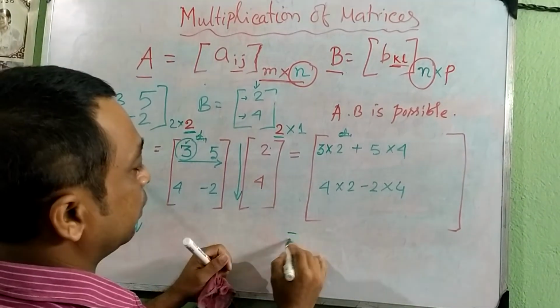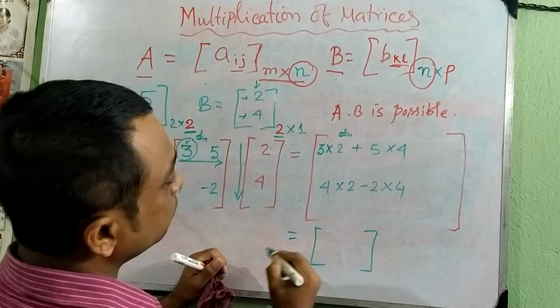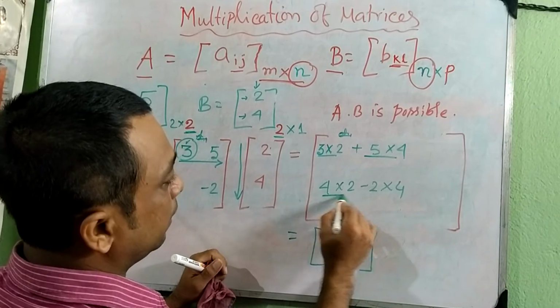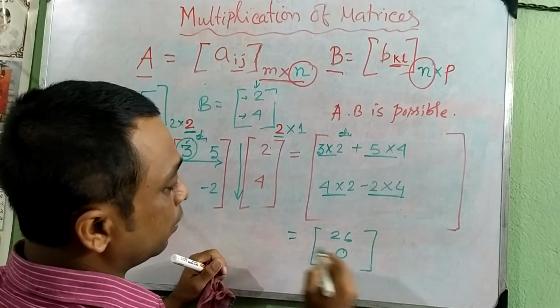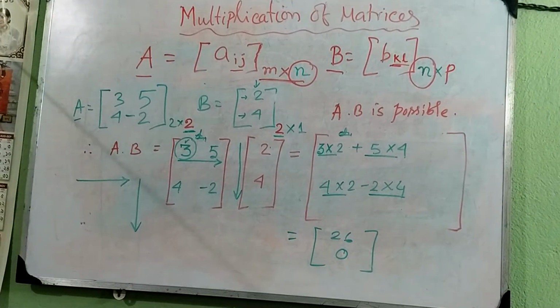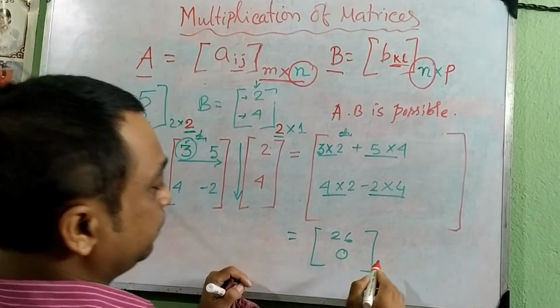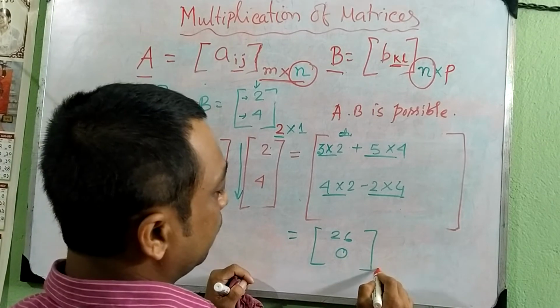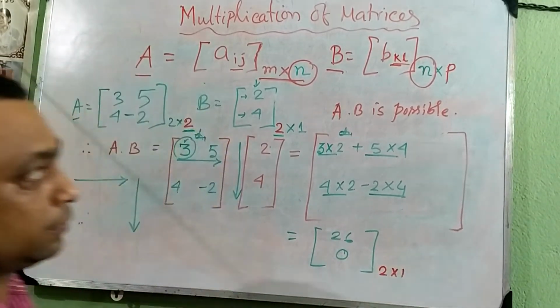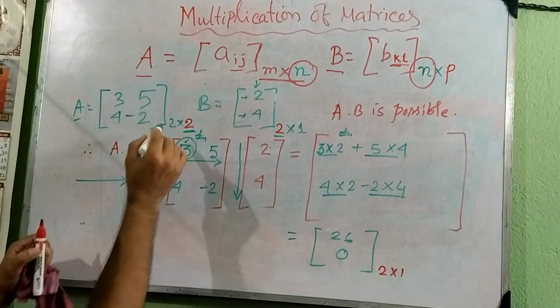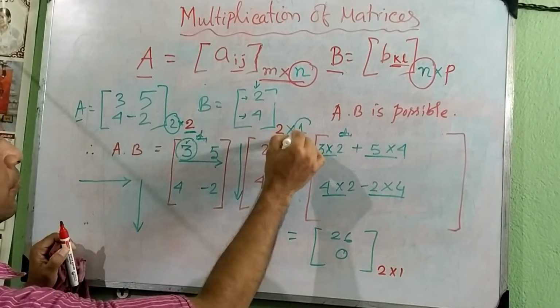So what will be the product? 6 plus 20 will be 26 and 8 minus 8 will be 0. So what will be the order of the product of the matrix AB? That will be 2 by 1.